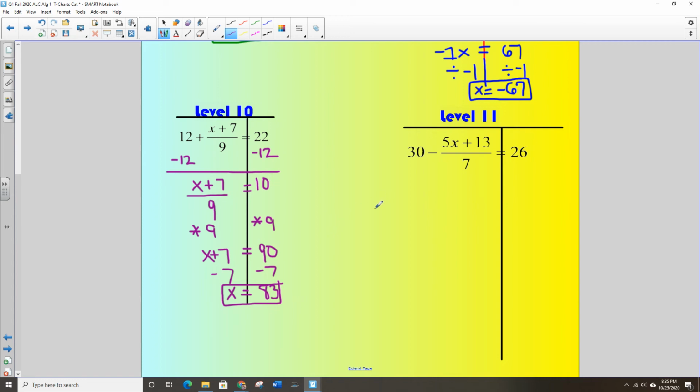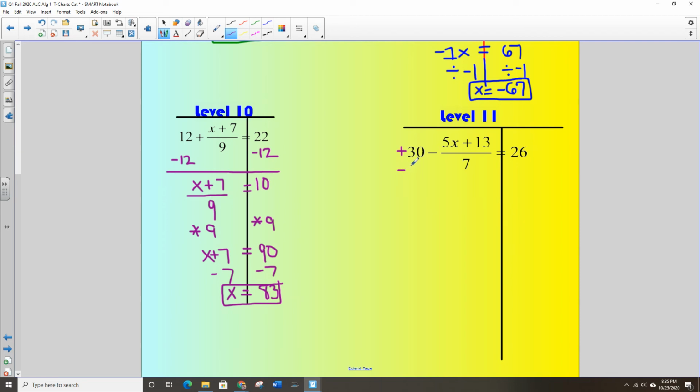The correct answer is you're going to take care of this 30 first. We're going to get this gone, and then we can think about these guys. All right, so it says 30 minus, but is this a positive 30 or is this a negative 30? It's a positive 30. So if I want it gone, do I subtract 30 to get it out of there, or do I add 30?